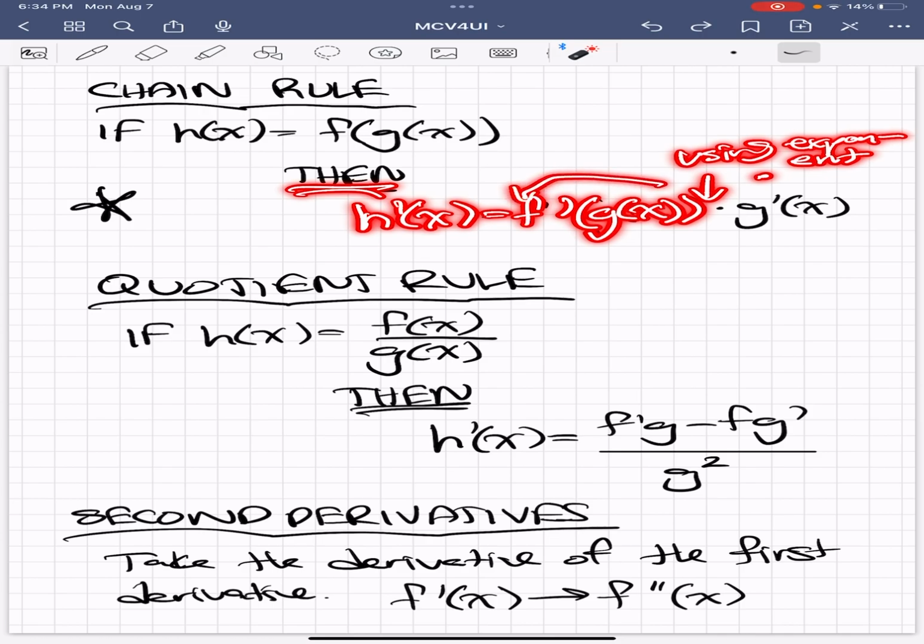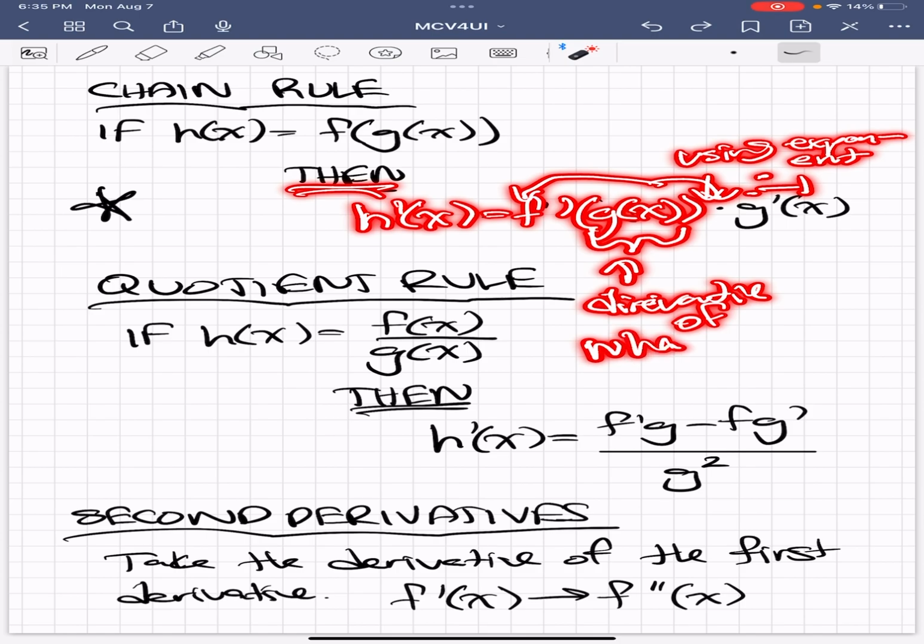Putting it to the front, minusing 1, and then taking the derivative of what's inside the brackets, and multiplying it over here.